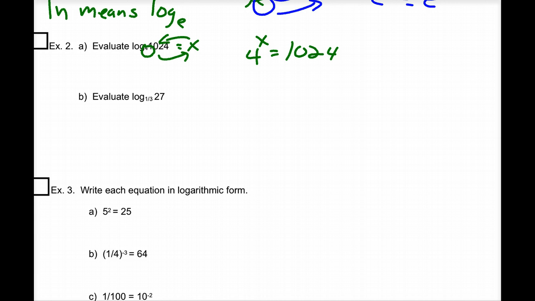Well, 4 to what power is 1024? If you use your sheet or do a little trial and error, you find out that it needs to be 5. So x is 5. That's your answer. On a test, put x equals 5. Don't write 4 to the 5th equals 1024. I want to just see that you know that the answer is, in fact, 5.